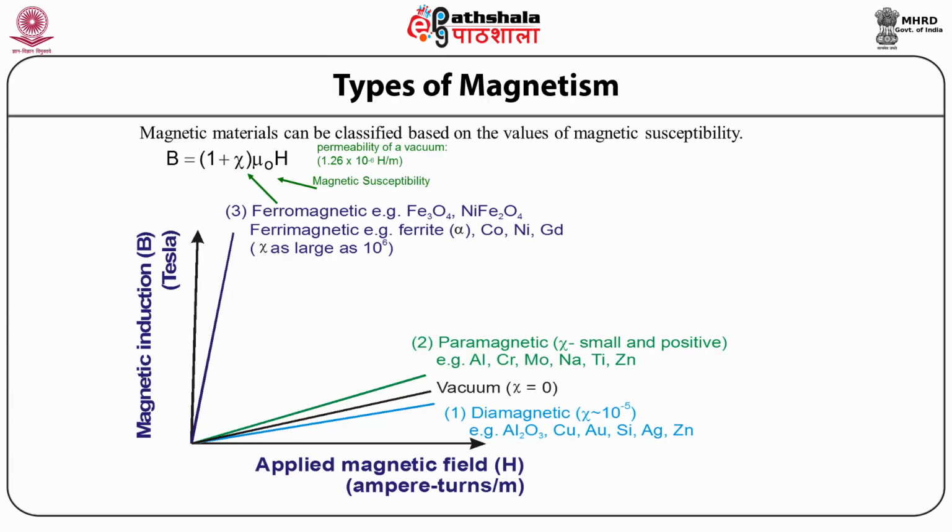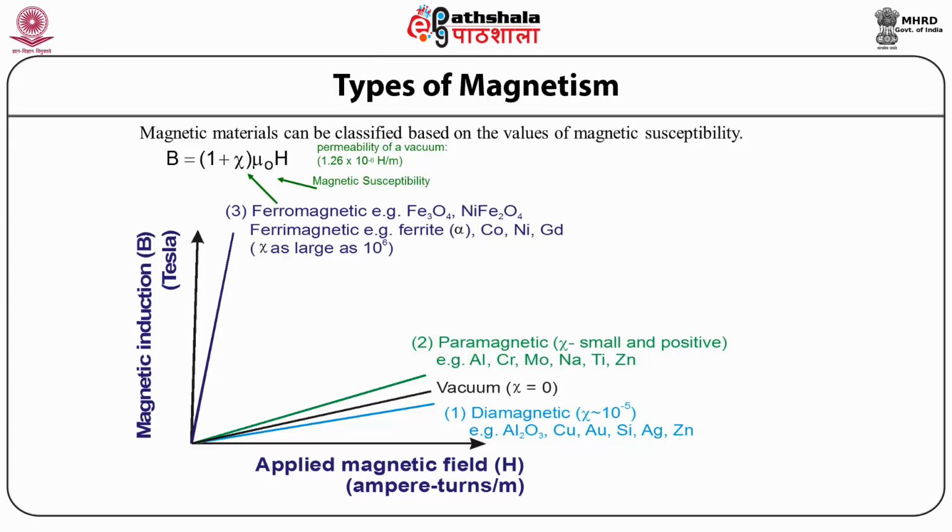to minus 1. And this property is very useful for applications such as magnetic levitation. Other diamagnetic materials are Al2O3, copper, gold, silicon, silver, or zinc. Next is paramagnetic.